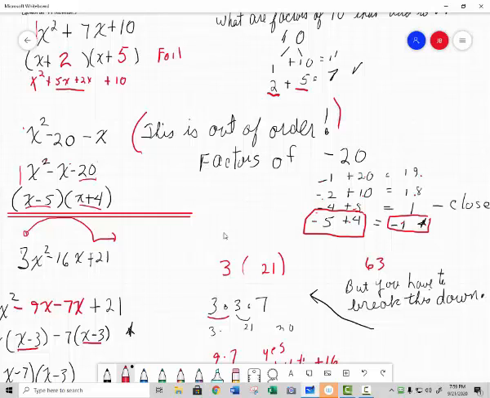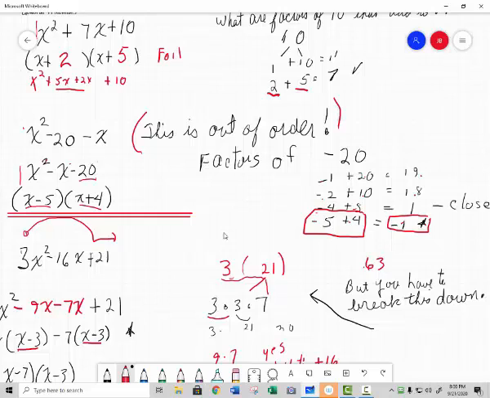If I've got 3x squared minus 16x plus 21, well, what you do is you take the 3 and the 21 and multiply them. 3 times 21 is 63. You could break this down if you want to, but I found it easier just to break down the 21, leave the 3 factored, and now group.